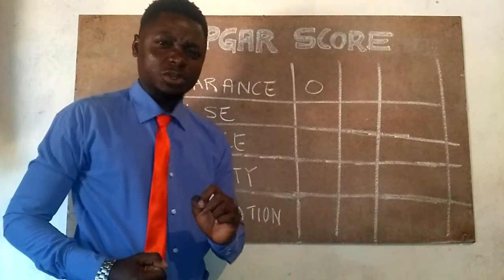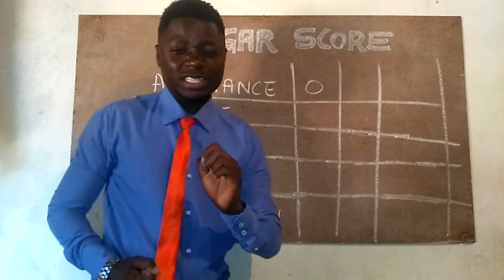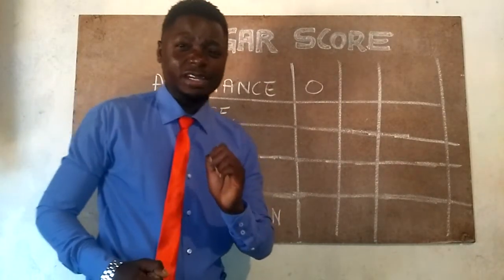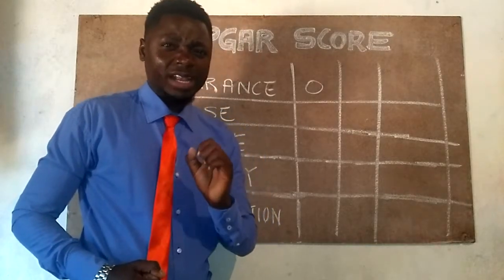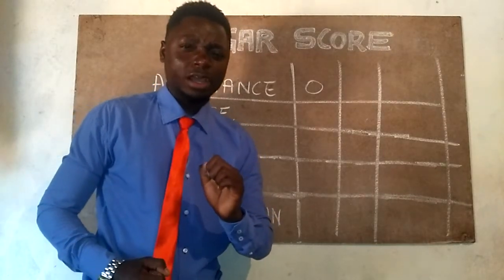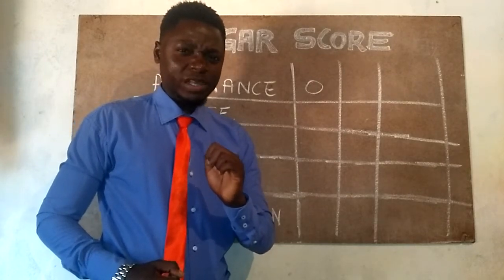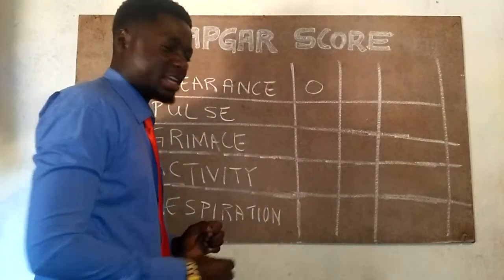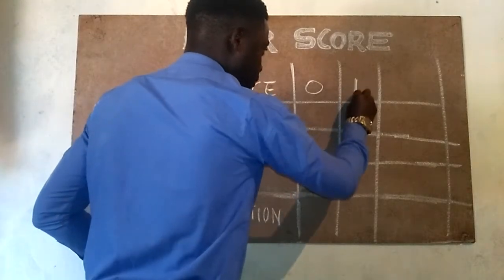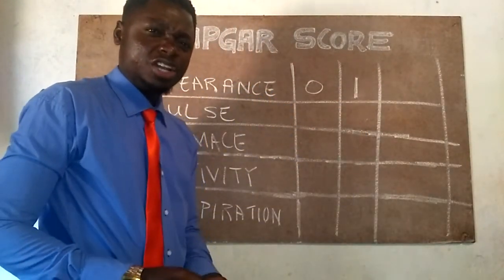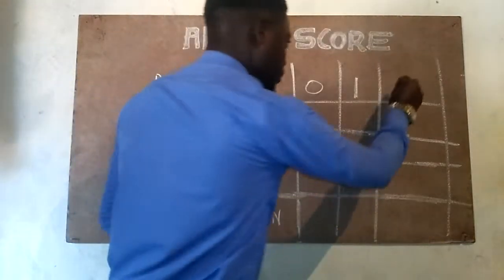The baby is not supposed to be like that, but most babies, interestingly, fall into that category. That's the reason why it is very difficult for a baby to have an Apgar score of 10 out of 10. So if the baby's extremities are blue and the body is pink, then we rate that as 1. But if the baby's body is pink all over, then we rate that as 2.